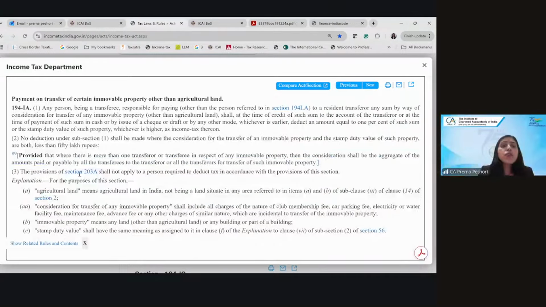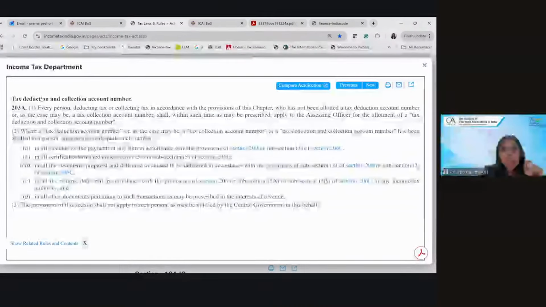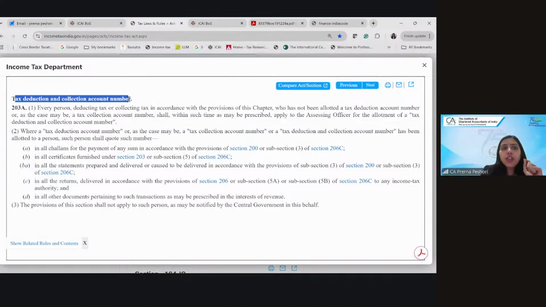Then they say the provisions of 203A shall not apply to a person required to deduct TDS in accordance with the provision of this section. What does this mean? 203A means the requirement to obtain the TAN number, tax deduction and collection account number. So every person who is deducting the TDS has to apply for the TAN.